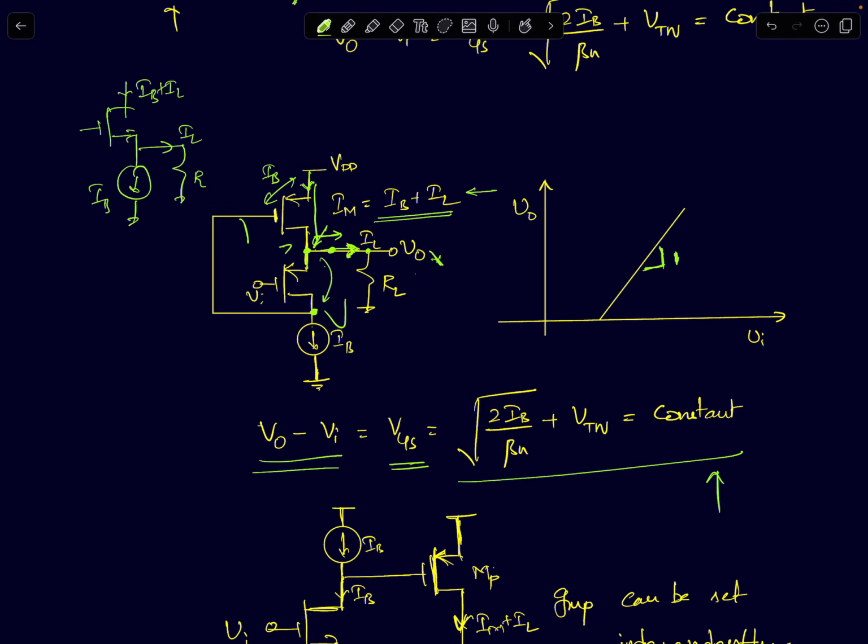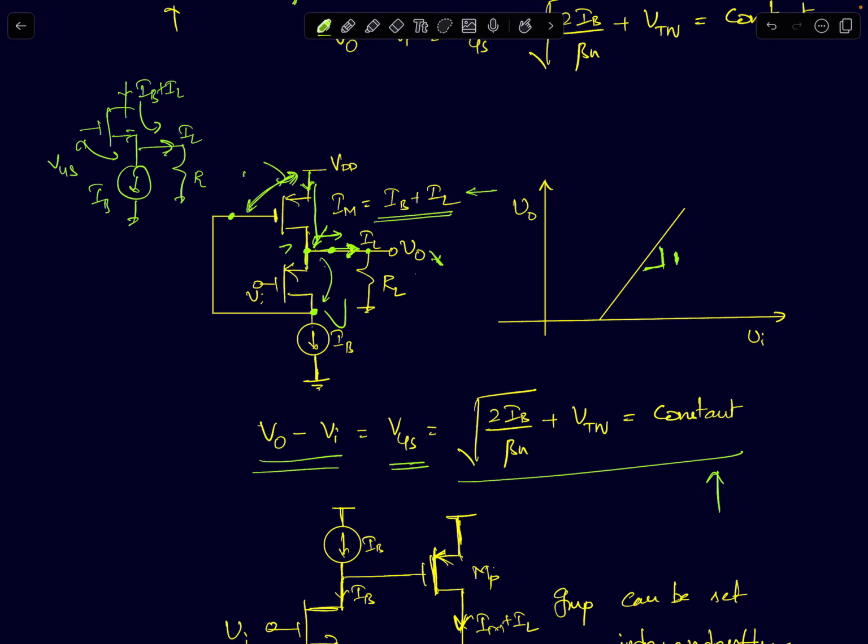So what will happen? The source voltage here, the gate voltage here will slightly change. So remember, we said that the NMOS device's VGS has to change to accommodate the load current, right? The load current has to flow through this NMOS, so its VGS had to change. But now it's going to flow through this PMOS, so its VGS will slightly increase.